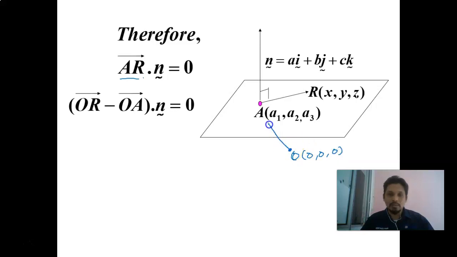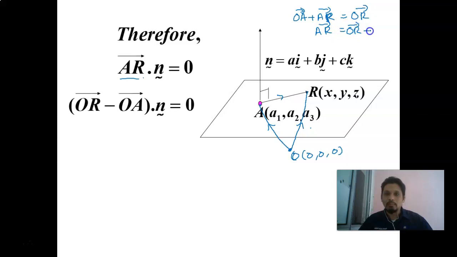So there's a vector from O to A, and A to R, where the vector OA plus AR, according to this picture, equals the vector OR. So then the vector AR equals vector OR minus OA.